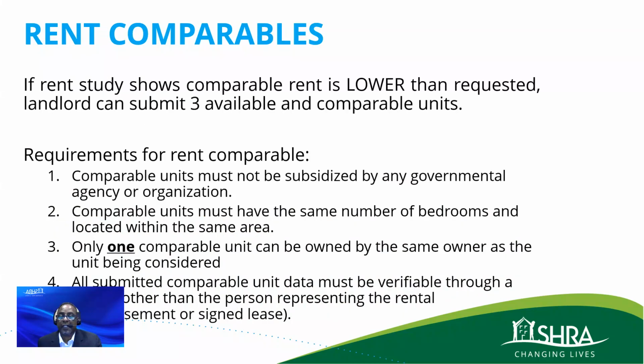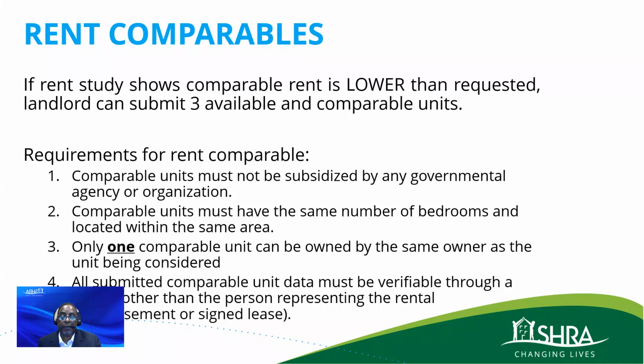If the rent study shows comparable rent lower than the requested, landlord can submit 3 samples of their own if they meet these 4 requirements. The unit is not subsidized by any governmental agency or organization, must have the same number of bedrooms and located within the same area.